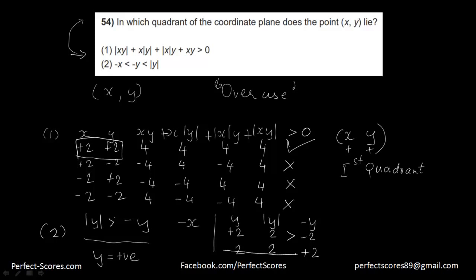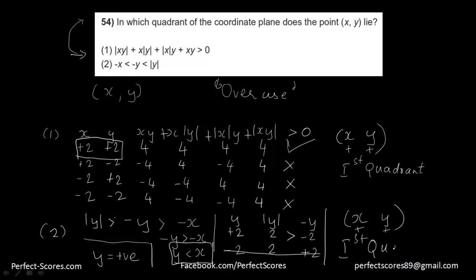That means this is eliminated, right? That means y is definitely a positive number. And similarly, if minus y is greater than minus x, that means y is less than x. If y is a positive number, x will also be a positive number because x is greater than y.